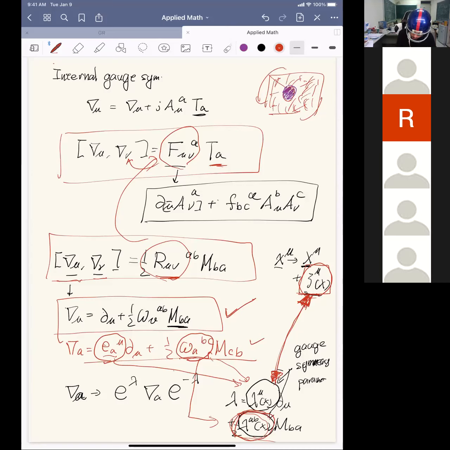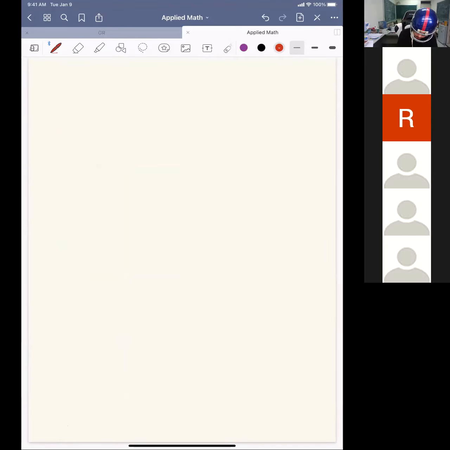So let's remove the local Lorentz transformation. In other words, to remove gauge redundancy, what do we do? We fix the gauge.